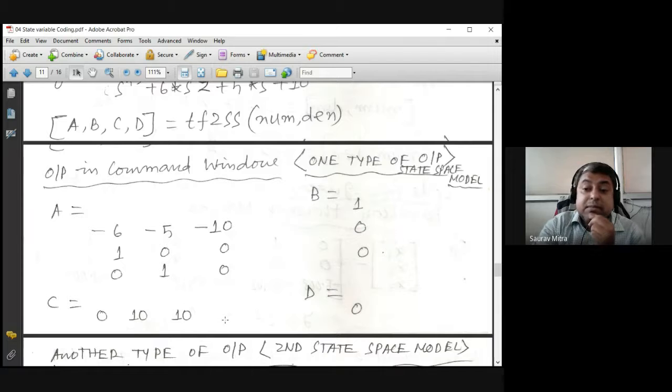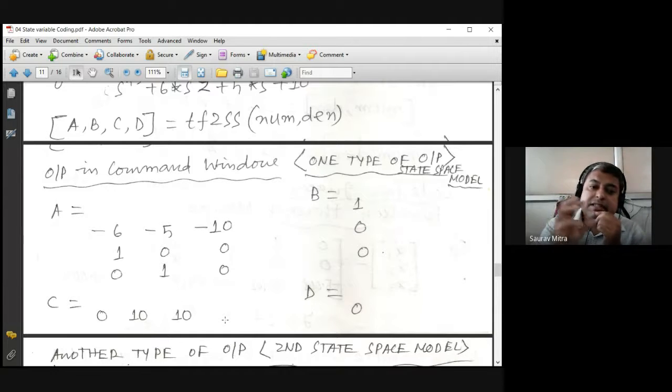There is something called a similarity transform we can do. The same system can be represented by a different set of ABCD matrices, representing the same system, that is (10s + 10) divided by (s^3 + 6s^2 + 5s + 10). But in that case the ABCD matrices will be different.